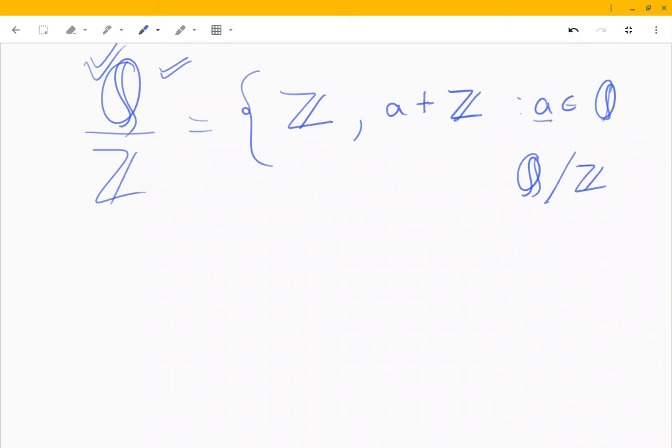Because if a is an integer, you know the property of a normal subgroup: if I take b that belongs to Z and I operate b with Z, as in finding the left coset, then if b belongs to Z, this will be equal to Z itself, right?